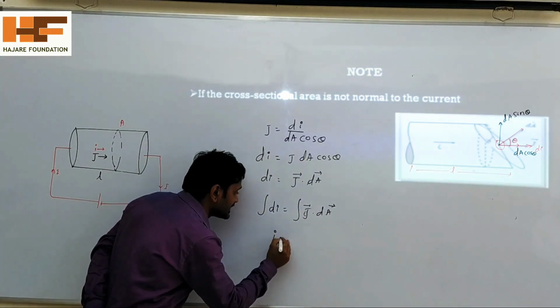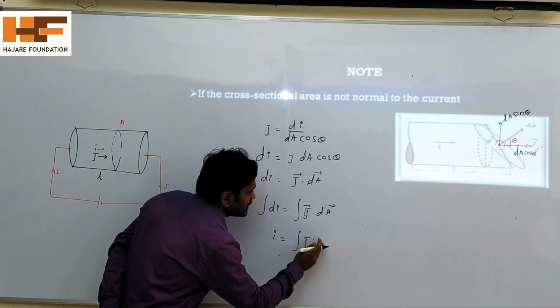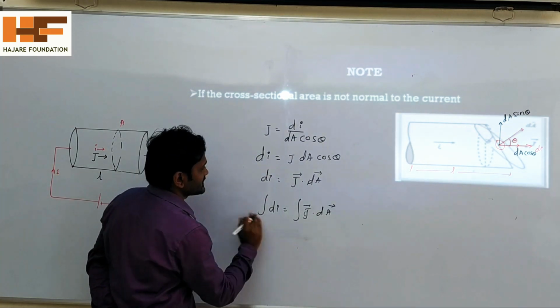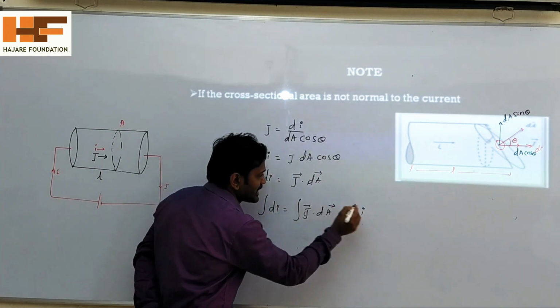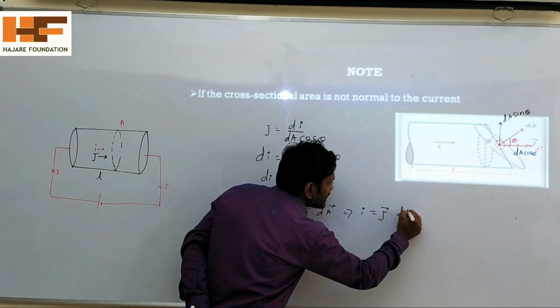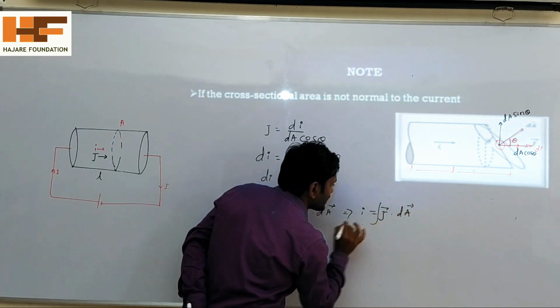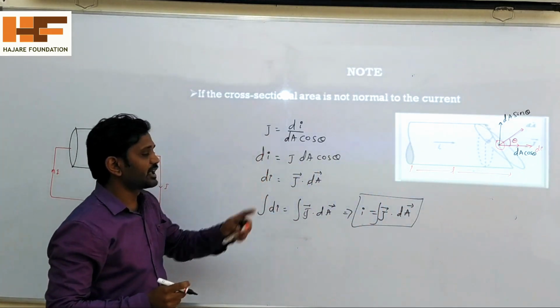That is I. So I is equal to integration of J dot dA. It is the current through this cross-sectional area.